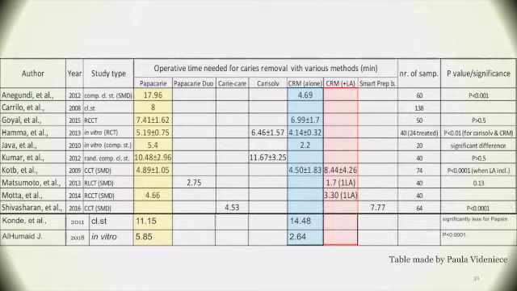I made this table to give you a better overview of the different studies regarding the time taken for each procedure, and we can see that their tendency is that chemo-mechanical caries removal procedures take generally more time.